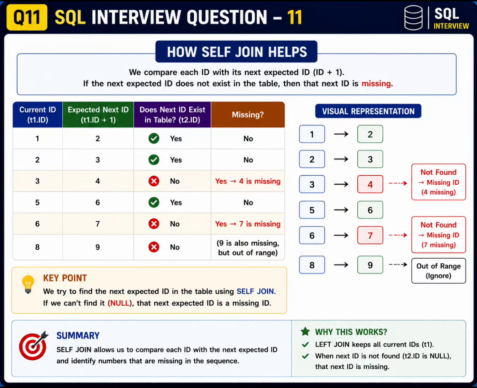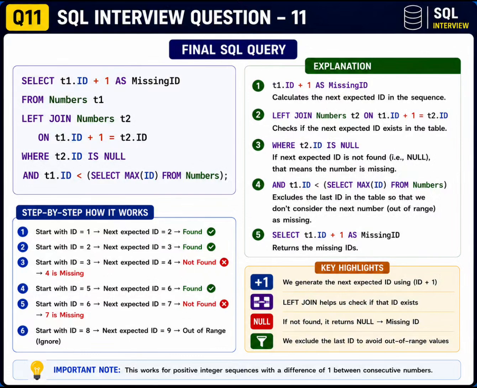So the final query, what we are seeing? We are here using self join with left join. Self join in the sense the same table itself we are joining with a left join. So T1, T2 are aliases of the table.